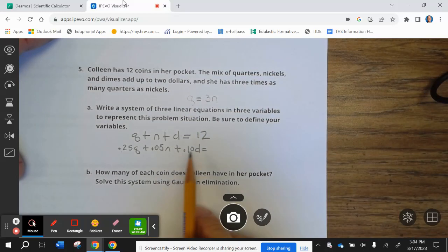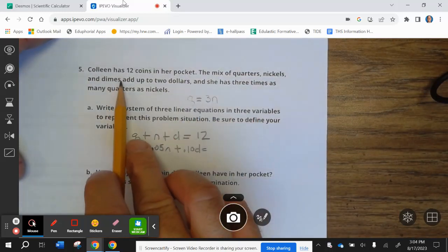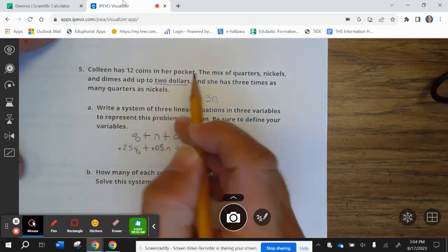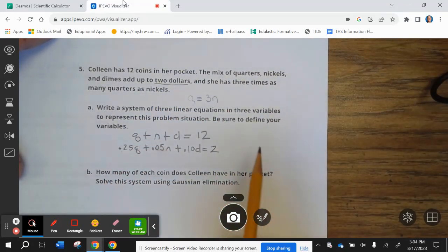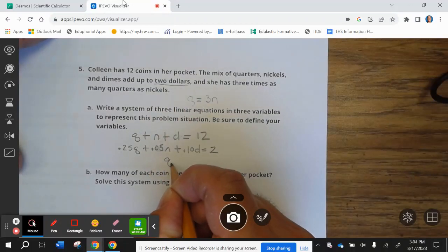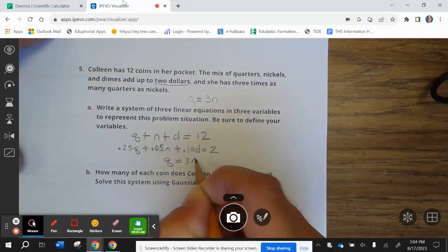Money goes with money, and it says the $2, so equals 2. And then it says she has 3 times as many quarters as nickels. So quarters equals 3 times nickels.